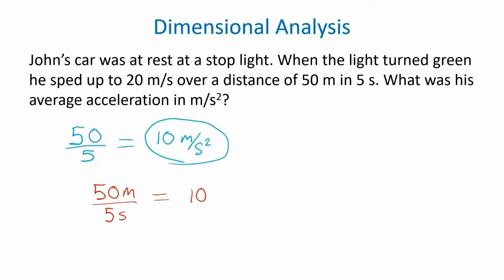You treat the units as if they're symbols in your algebra. So you almost treat them as if they were variables. They're not variables, but you would treat them in that way as if they were like x's and y's. So in this case, I'm left with 10 meters per second. Meters per second is not meters per second squared.